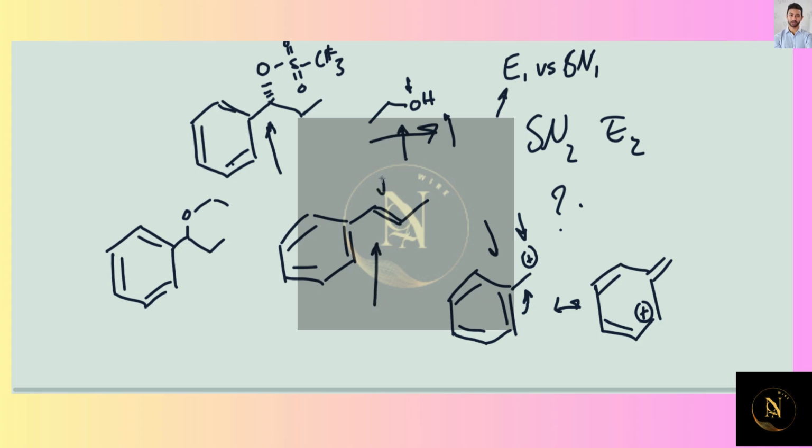This double bond is particularly stable because it's conjugated to the entire benzene ring. That's going to be a driving force thermodynamically to favor E1. The elimination product is just so much more stable than the SN1 product because we're increasing the size of this pi system, basically. Right? We went from 3 conjugated double bonds to 4 conjugated double bonds. So this is, at this point, heavily favoring E1.